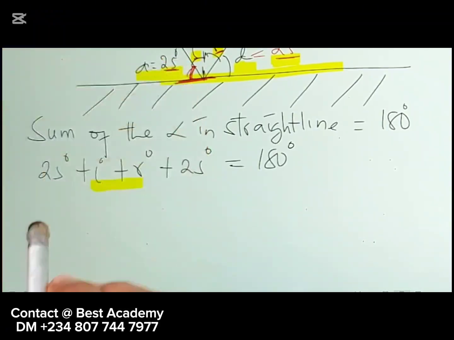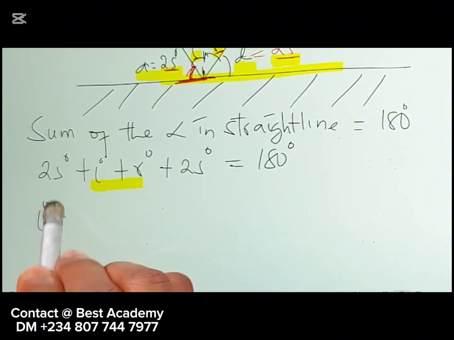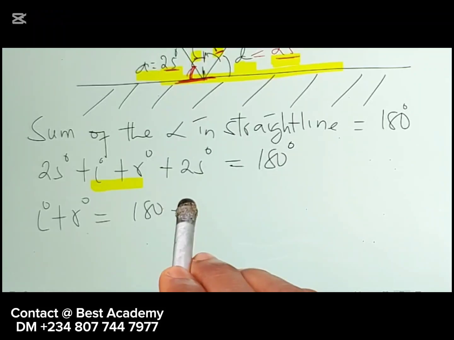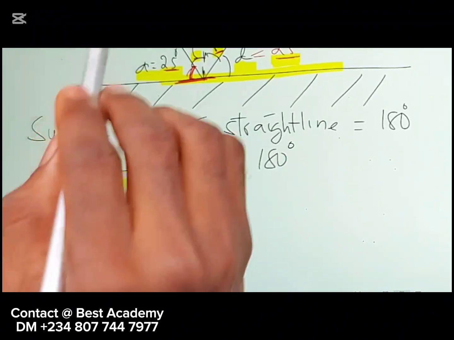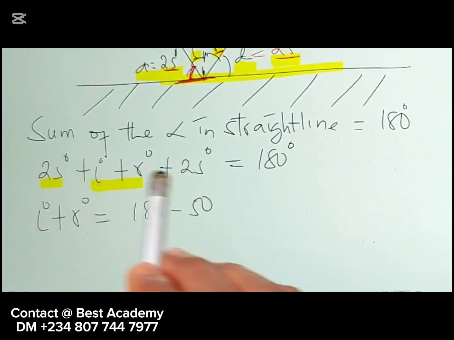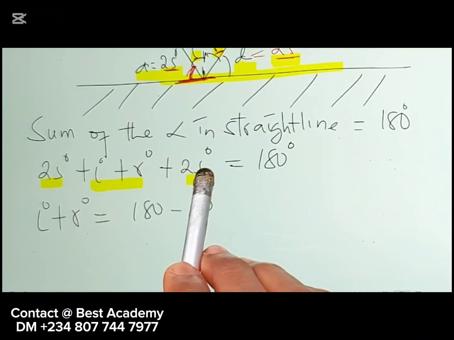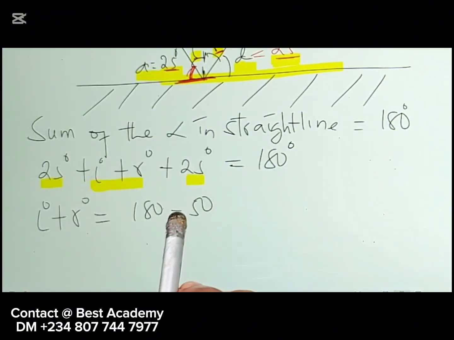When you do that, this is going to be I degree plus R degree equal to 180 minus 50. The 50 is as a result of 25 plus 25 give us 50. Taking 50 from left hand side to right hand side, I'm going to have minus 50. Please take note.